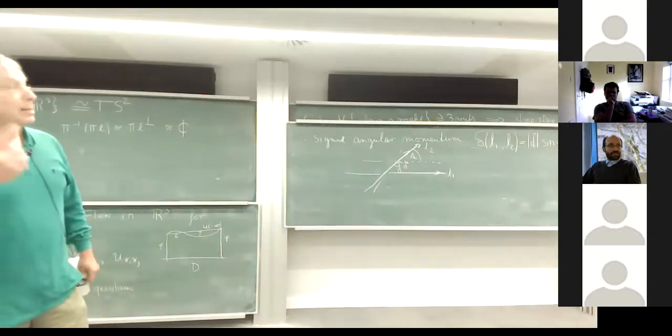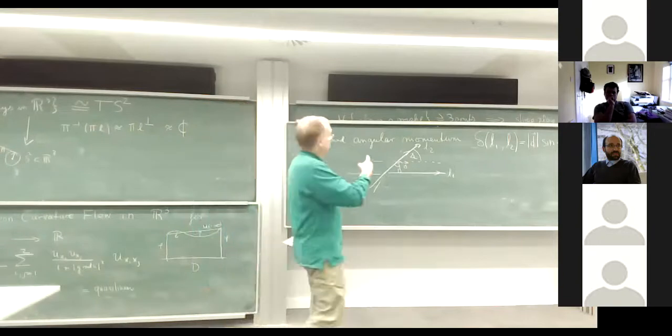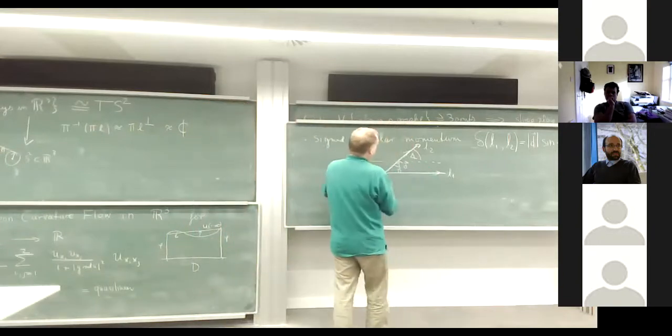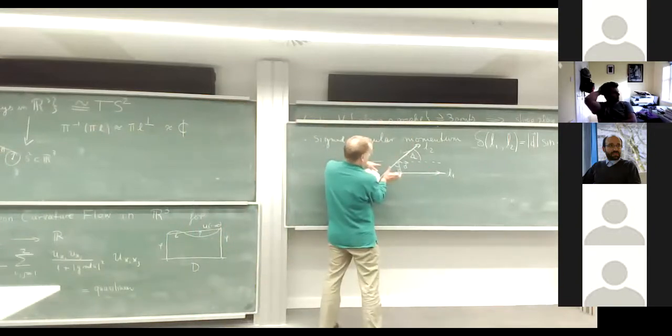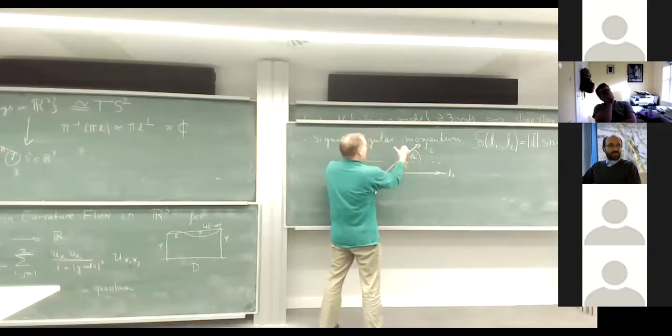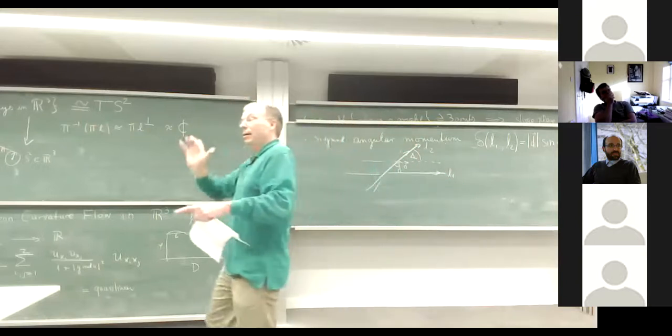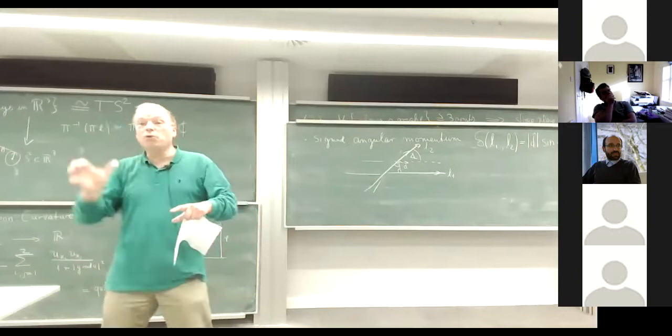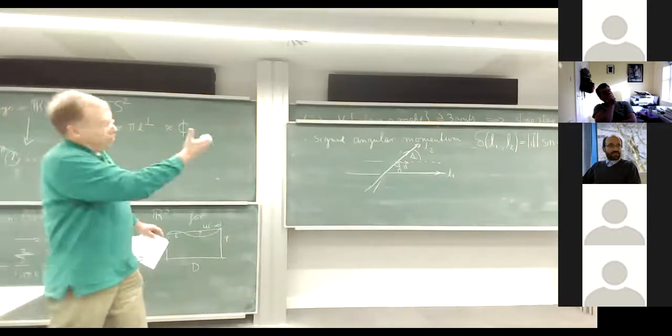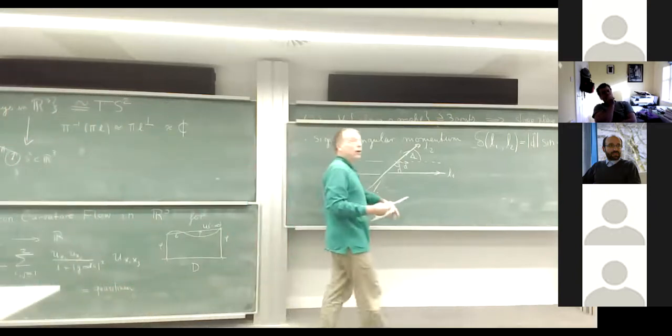It's signed. The momentum, the angular momentum, you see, tells you how much L2 rotates about L1. Moving from L2 to L1 is a rotation, is a movement. So in fact, it's a well-known function in mechanics.